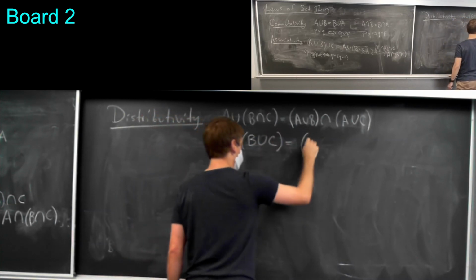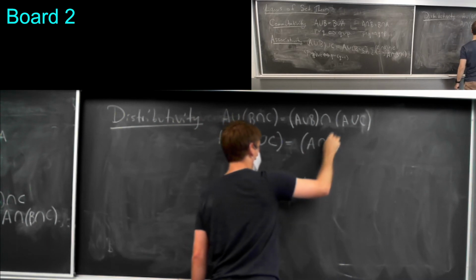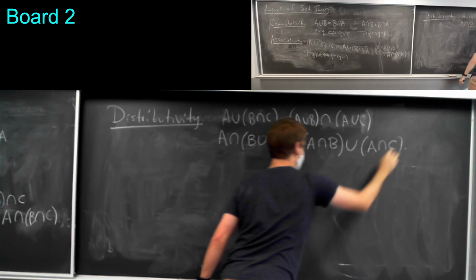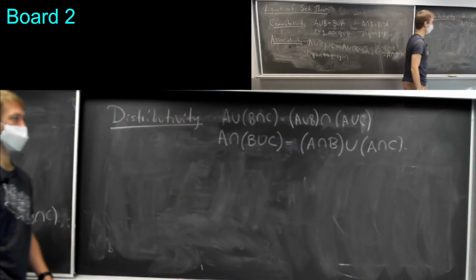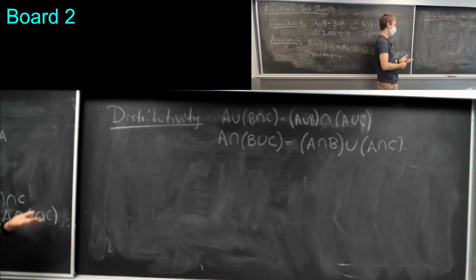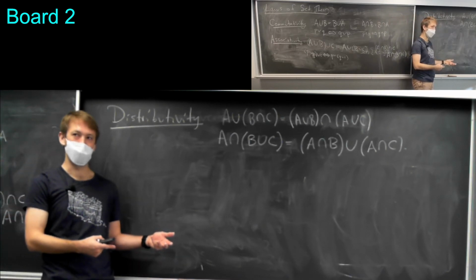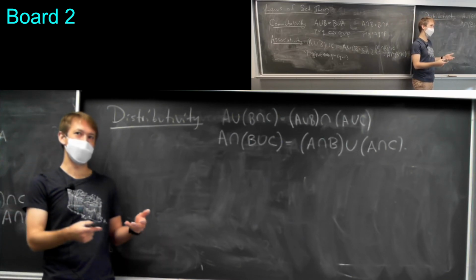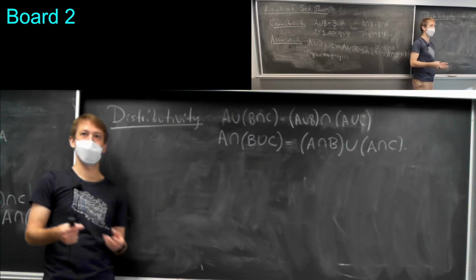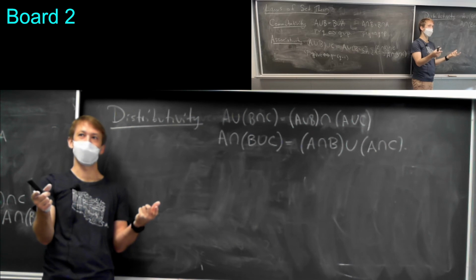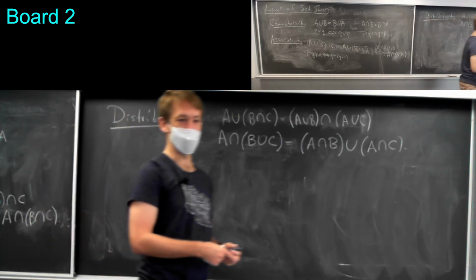So A intersect B union A intersect C. Really, all these laws so far just follow from the same laws with and and or, because you can use the definition of union and intersection, and apply the laws of logic to them. And this should work.